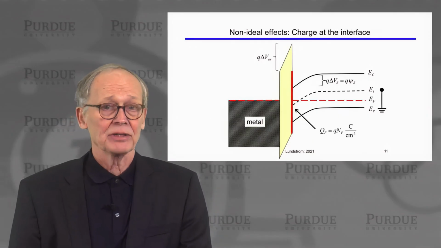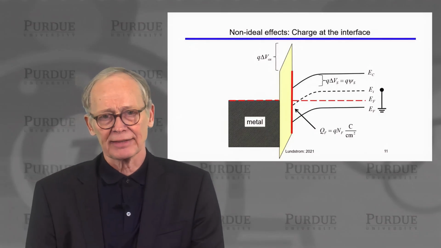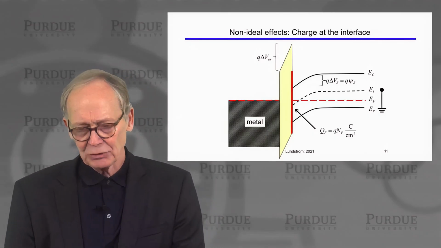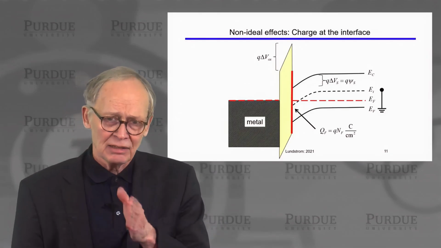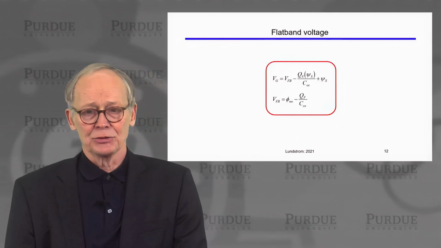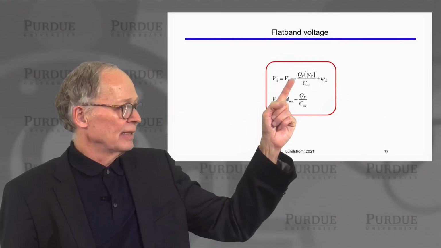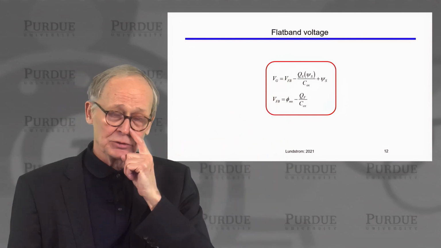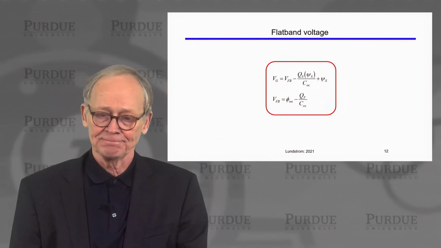Now, something else can occur. There is often a sheet of charge at the oxide-silicon interface. In the SiO2-silicon system, that tends to be a positive sheet located very near this interface. And we have to account for that too. So the actual gate voltage is shifted from the ideal gate voltage by the flat band voltage, which no longer appears at zero gate voltage.